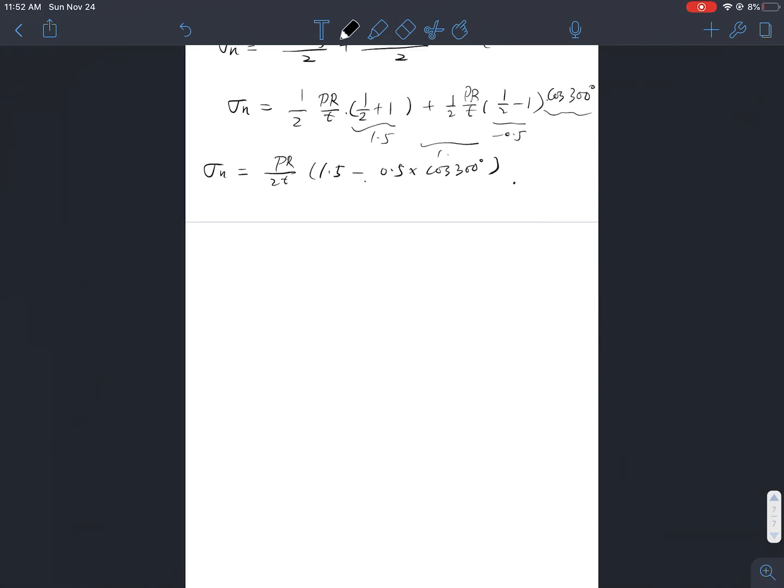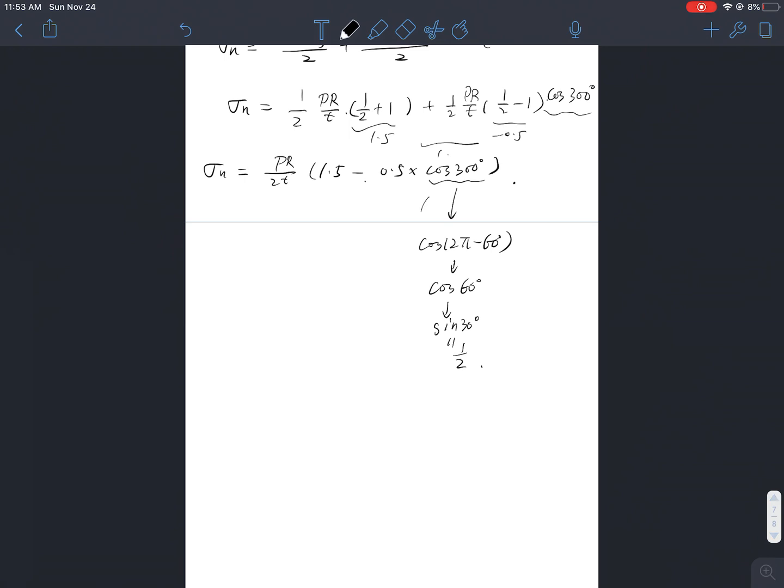You can either use a calculator to find cosine 300 degrees, or you can do this: cosine 300 degrees equals cosine of 2 pi minus 60 degrees, which equals cosine 60 degrees, equals sine 30 degrees, equals a half.